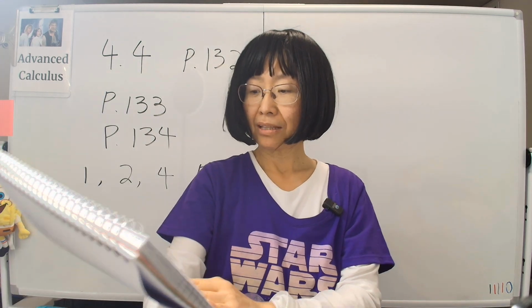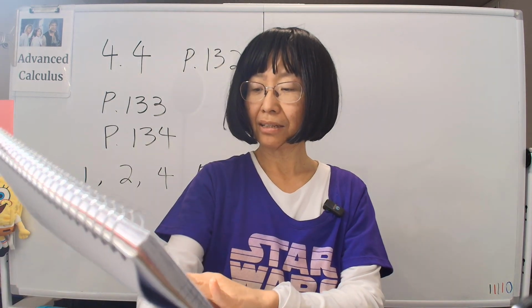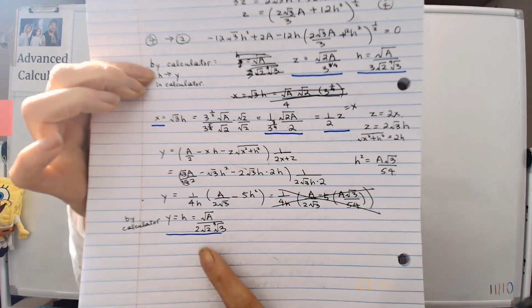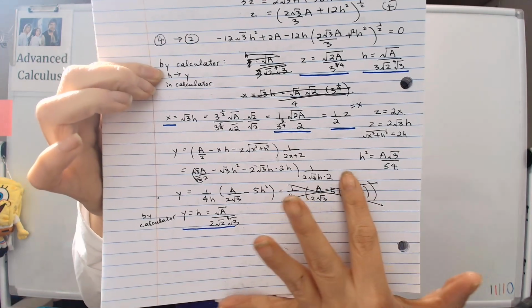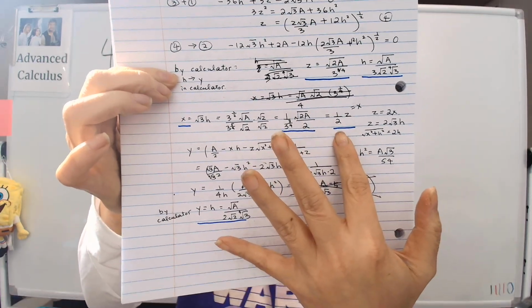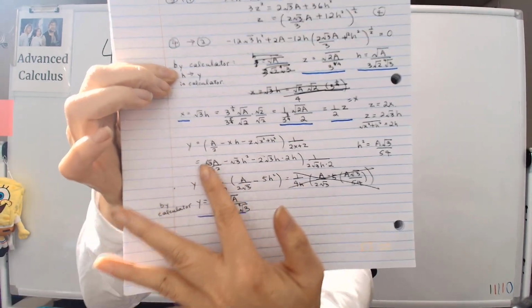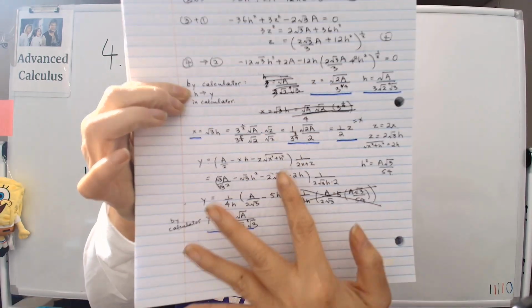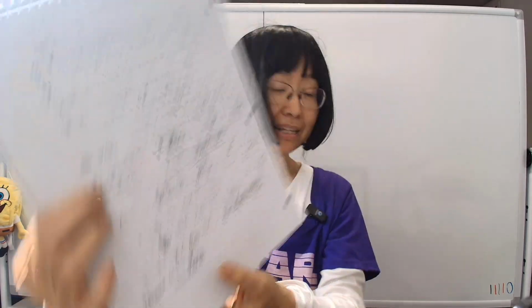And then everything is equal to whatever it is equal to. This is the value of y, and the value of h. Where's the value of h? It's somewhere. And then the value of x, and h is right here. And the value of z, and the value of x, and anyway, I'm done.